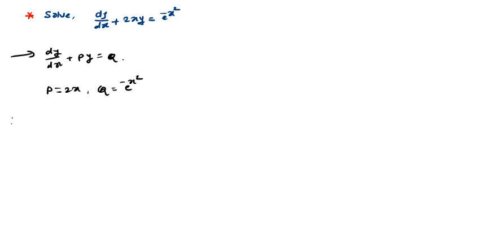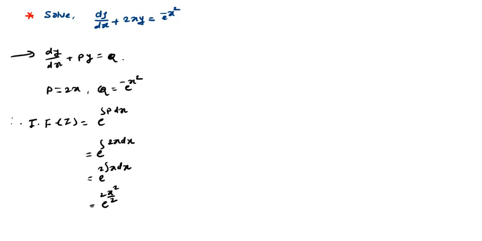Therefore we can find its integrating factor, which is I equal to e to the power integration p dx, equal to e to the power integration 2x dx. So e to the power 2 will be out, integration of x dx, so this is e to the power 2, integration of x is x square by 2. This 2 cancels, so what remains? e to the power x square.